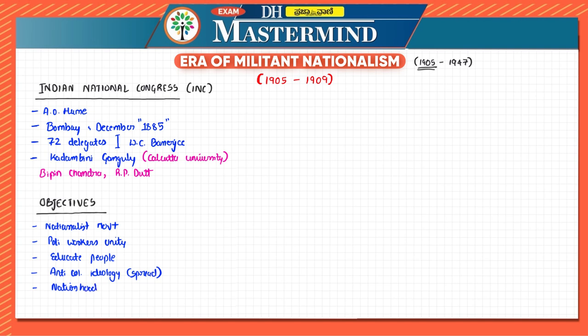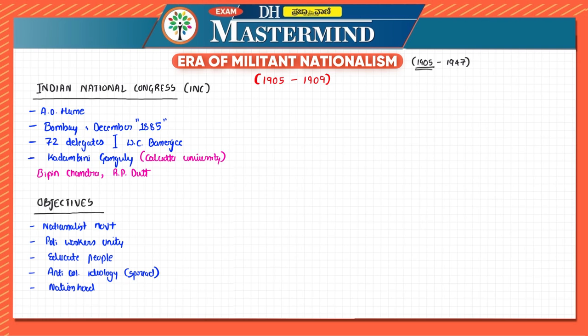So this was a political organization, or you can call it an all India organization, which was the Indian National Congress, with these objectives. And the period from the formation of the Indian National Congress till 1905, you call it the era of moderates.